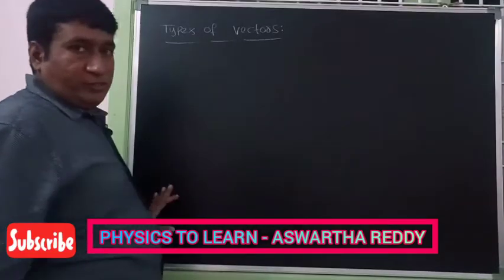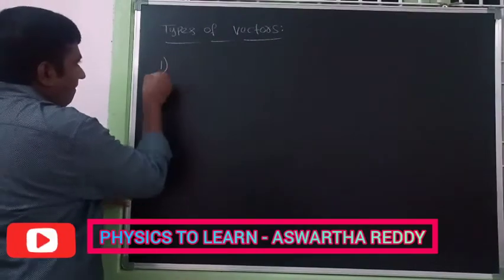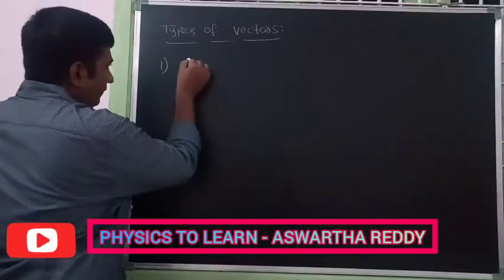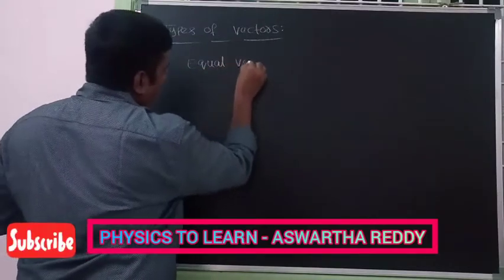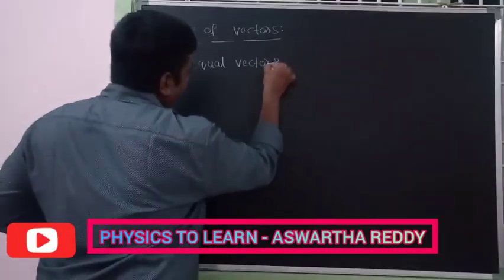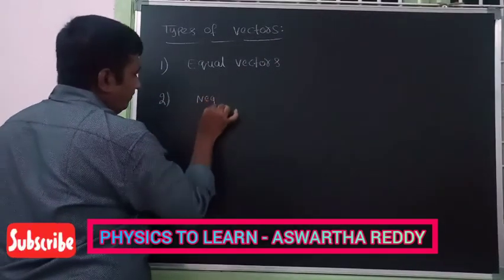In types of vectors, what are the different types we have taken? The first one is equal vectors. The second one is negative vector.